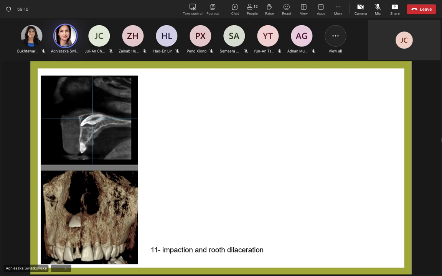The girl was very young, so we don't expect ankylosis at this age, but there also was ankylosis. So it finished with extraction. We start the treatment, we try to bring it into the arch, but in fact we finish with extraction of this tooth.